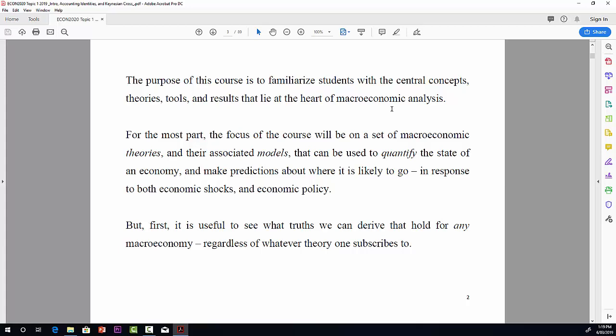So what's the difference between a theory and a model? Well, a model is really a mathematical representation of a theory. The nice thing about that is you can use these models to actually quantify, put numbers to, what we expect to happen to the economy in response to economic shocks.